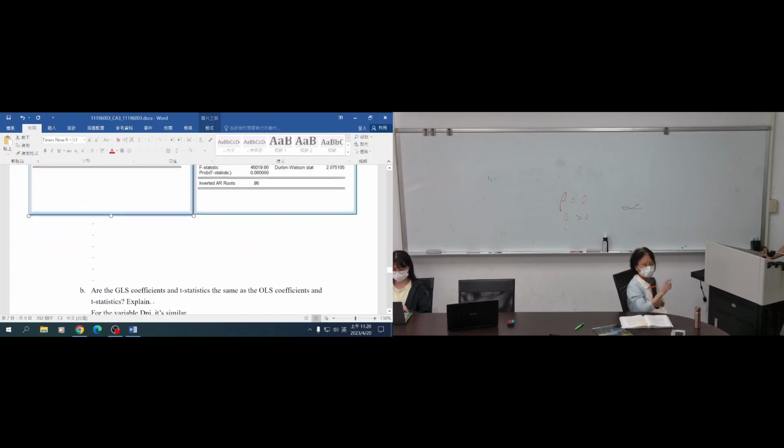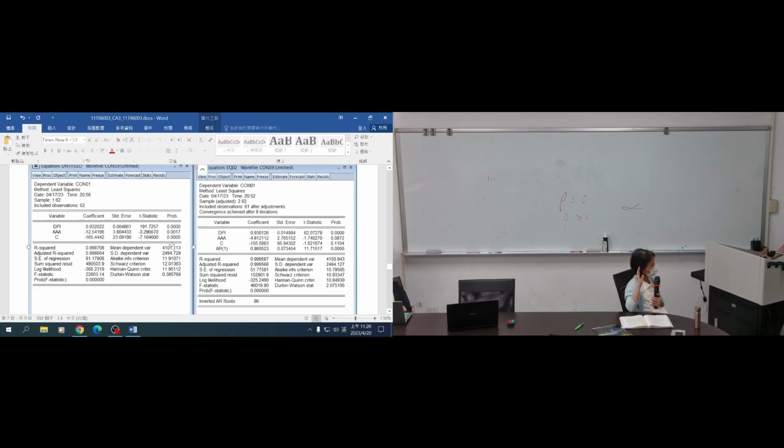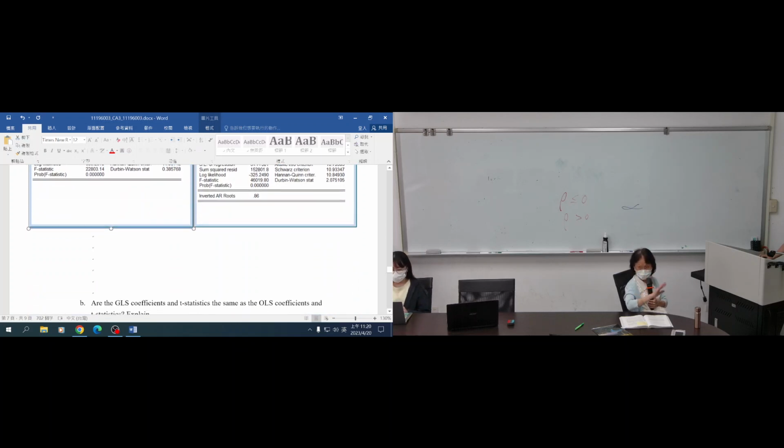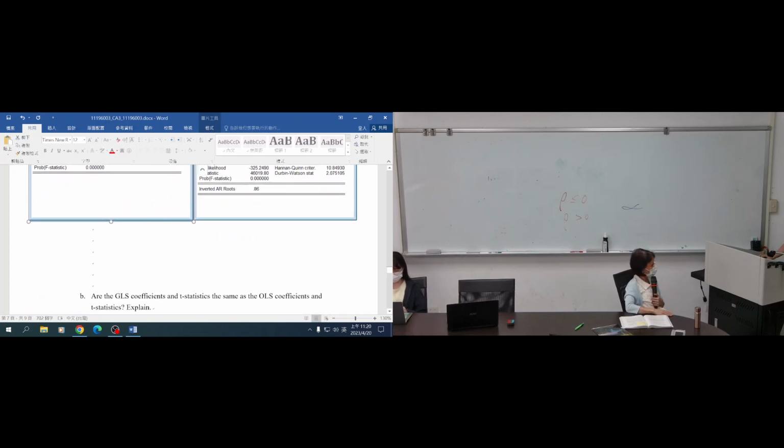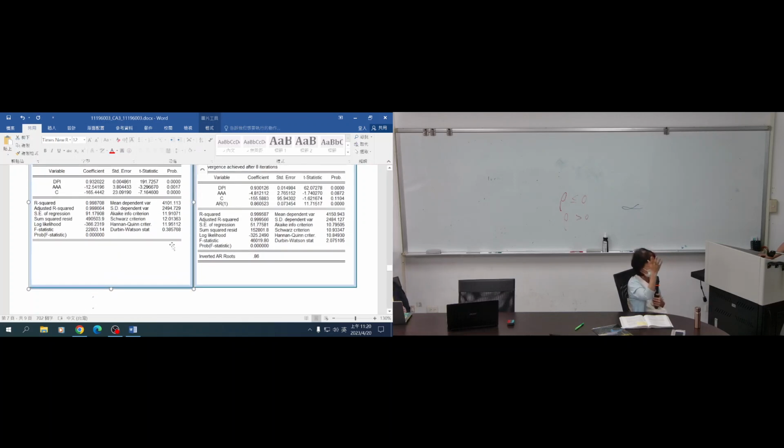Usually if you look at the Durbin-Watson statistic close to 2, there is usually no serial correlation. Just remember this is just a rule of thumb.